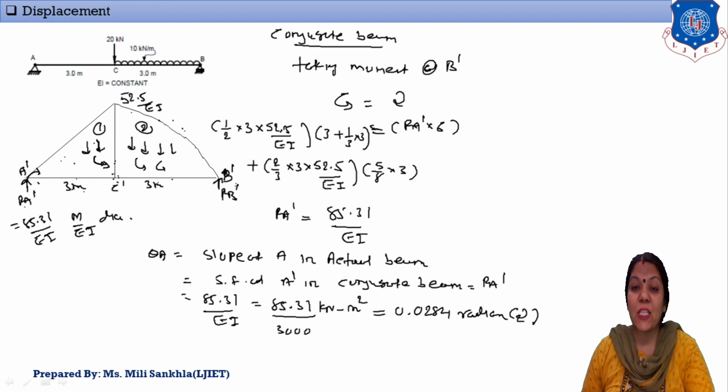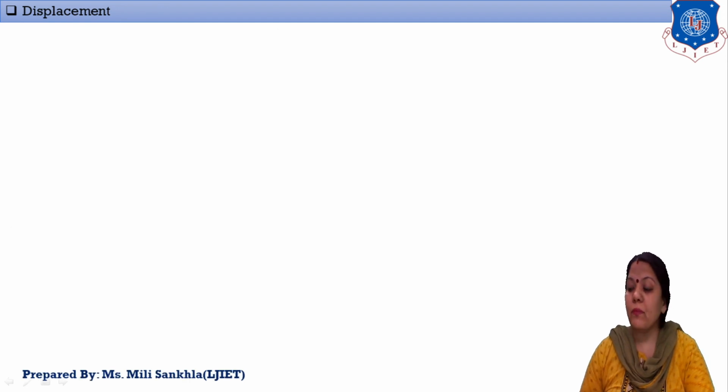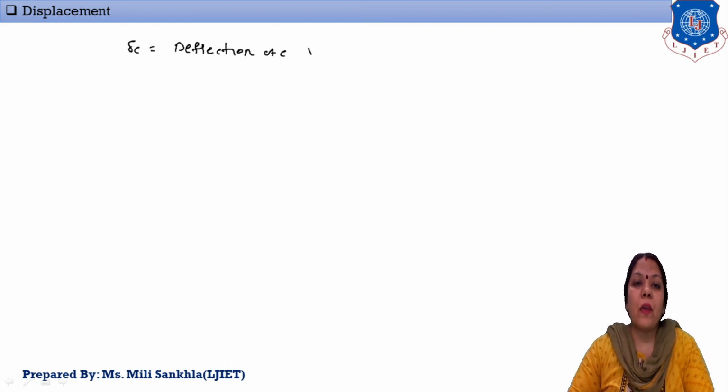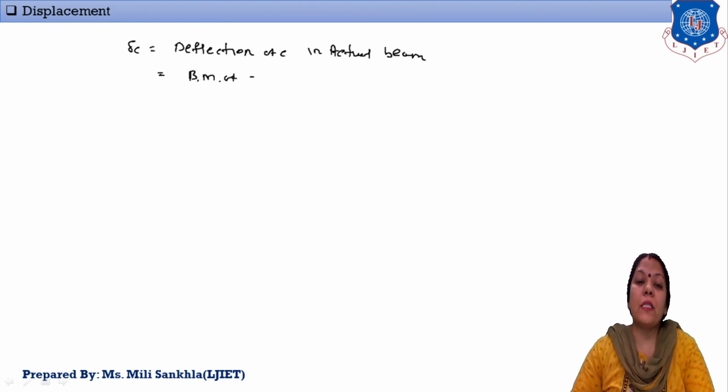Clear? Now next we find our deflection. Mention del C, because the data asks us to find deflection at C point. Del C is equal to our deflection at C, deflection at C in the actual beam, and deflection is equal to bending moment at C dash in the conjugate beam.